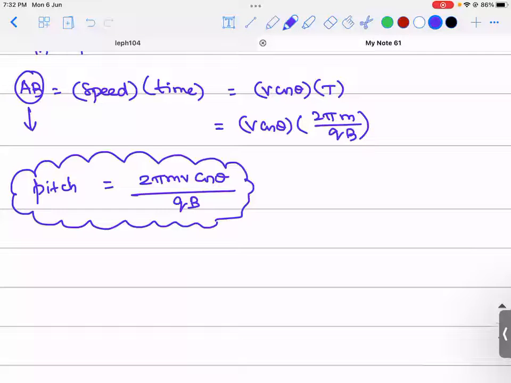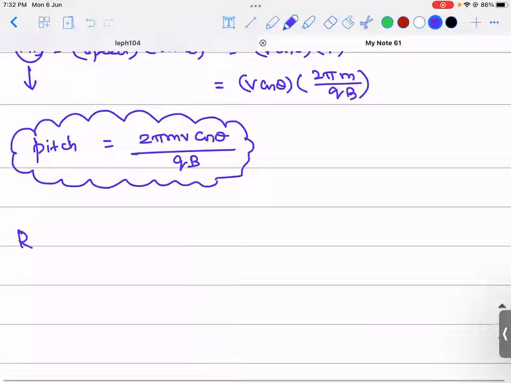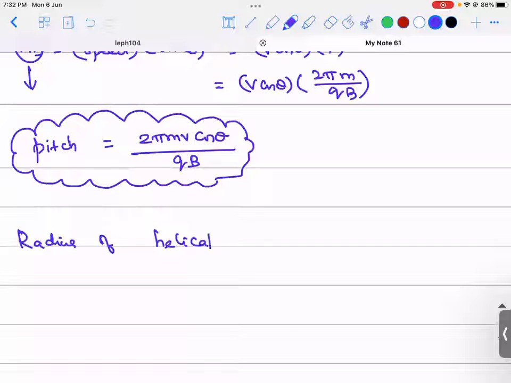Right? Similarly, what is going to be the radius of the helical path? If you look at the formula for the radius of a circular path, it is R is equal to mv divided by qB.